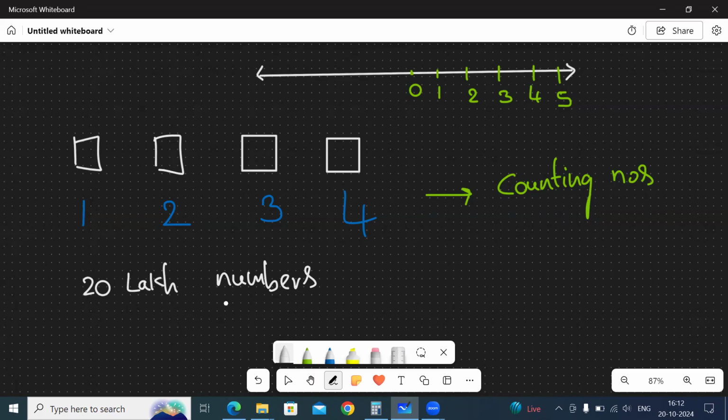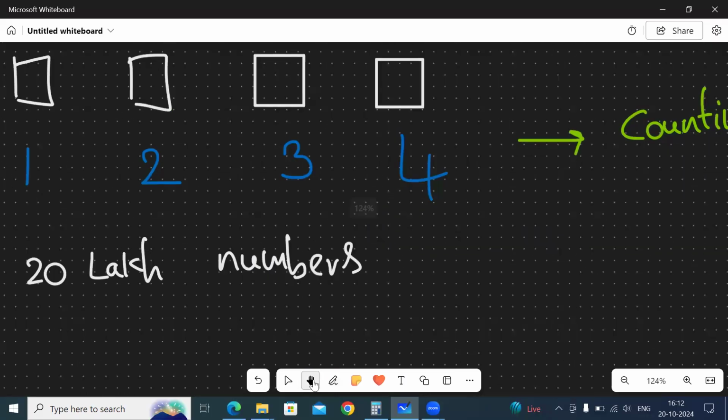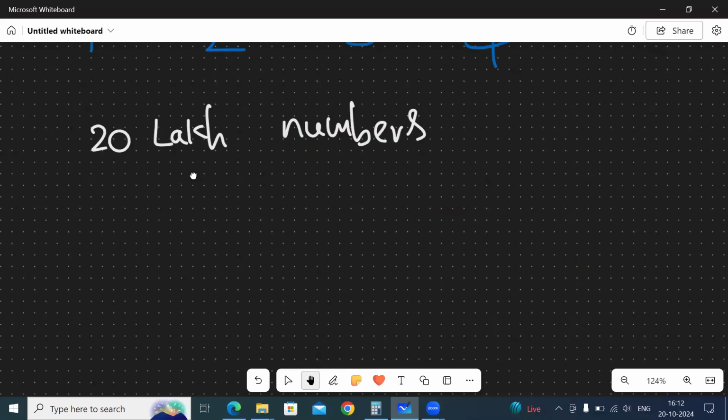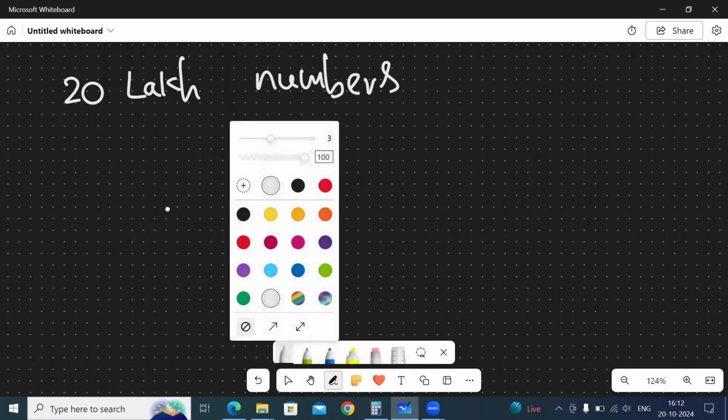If you want me to mention these 20 lakh numbers, how can I mention them? Is it possible for me to mention all the 20 lakh numbers right over here? When you ask me this question, I would say, yes, it is possible, but it demands a hell of a lot of time.